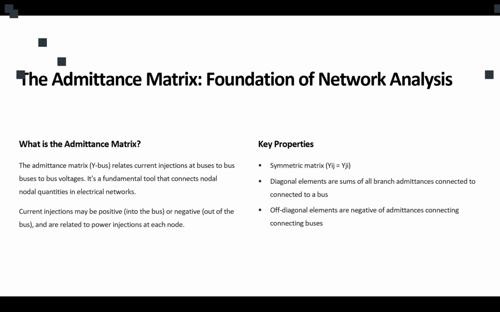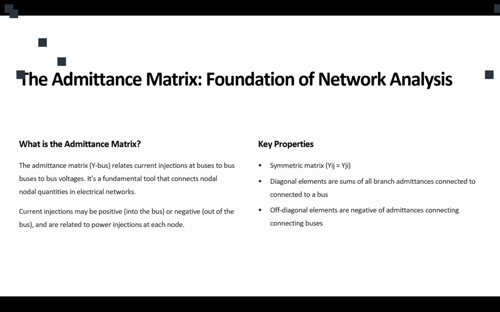Now, the concept of the admittance matrix, as you can see displayed in the slides, is actually the foundation of network analysis. The admittance matrix is the mathematical representation that we use to represent the topological grid that we have in real life in the field.